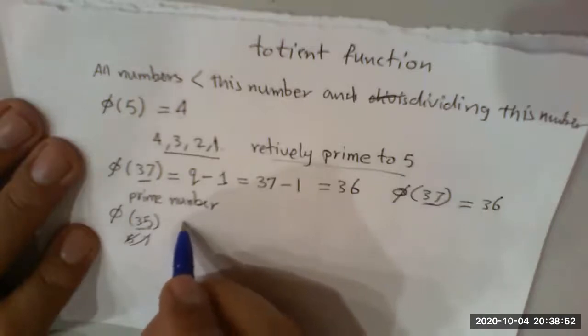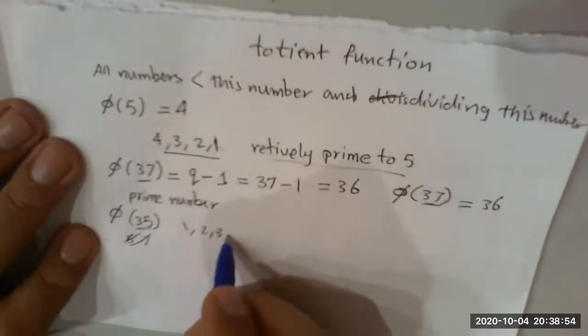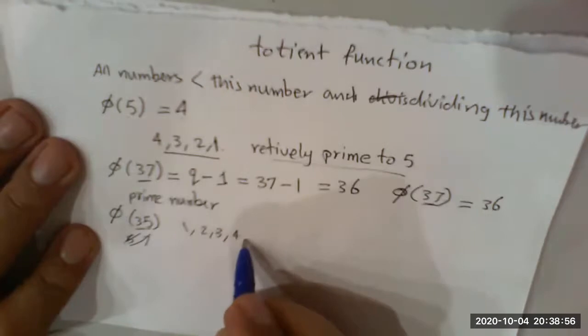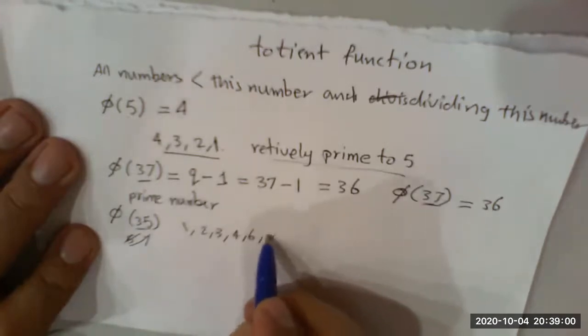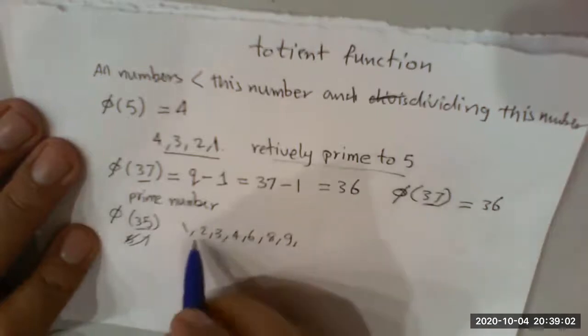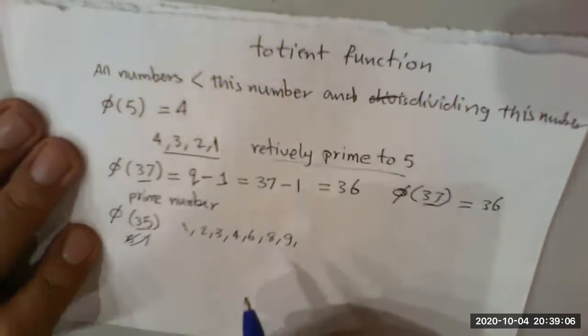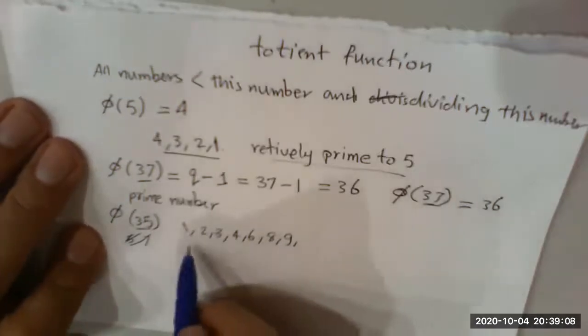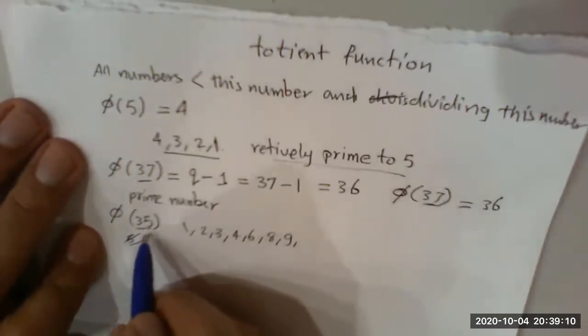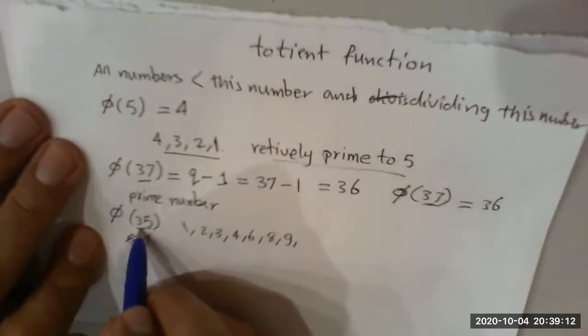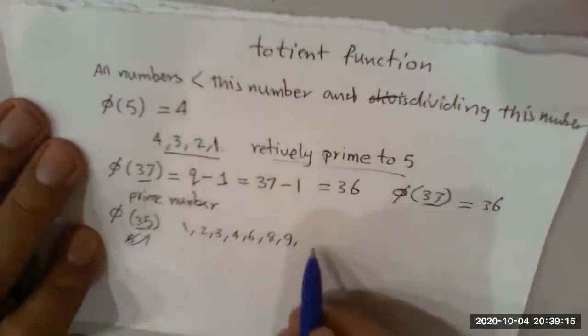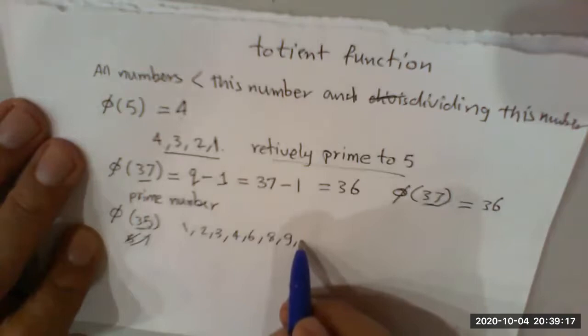I can say 1, 2, 3, 4, but no 5, because 5 divides 35. I can have 6, 8, 9. 10 is not going to work too, because they are not co-prime. They have a common number, which is 5. So 10 is not going to be included.